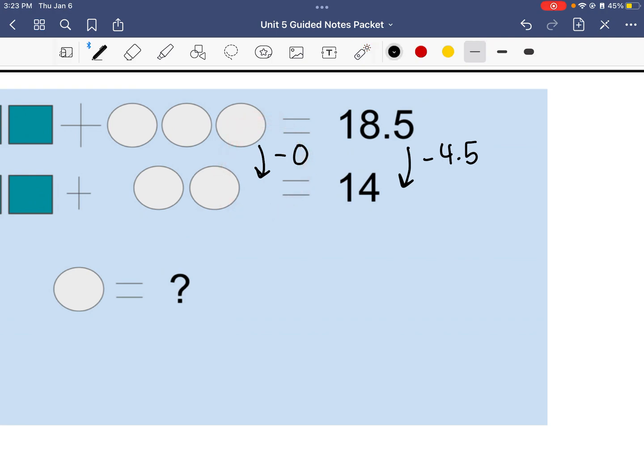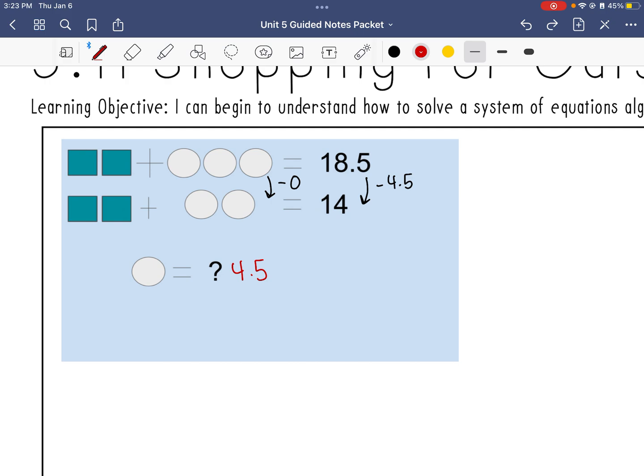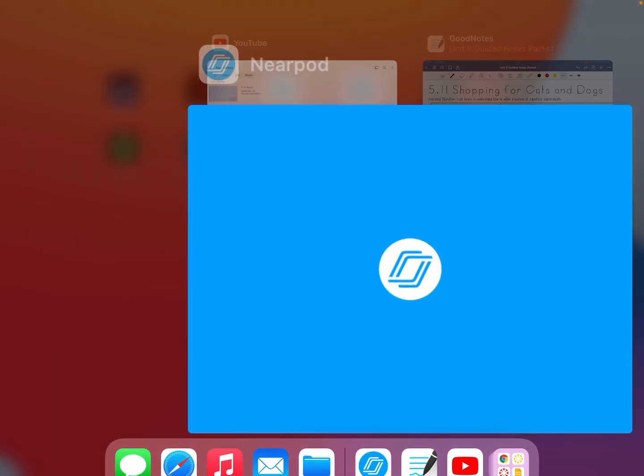But we didn't. We minused a circle. So what does that mean? Well, that means that one circle would equal 4.5, because if minusing a circle and minusing 4.5 are the same, then it would keep that equality. That's important. All right, so let's go ahead and move on to the next one in the Nearpod.